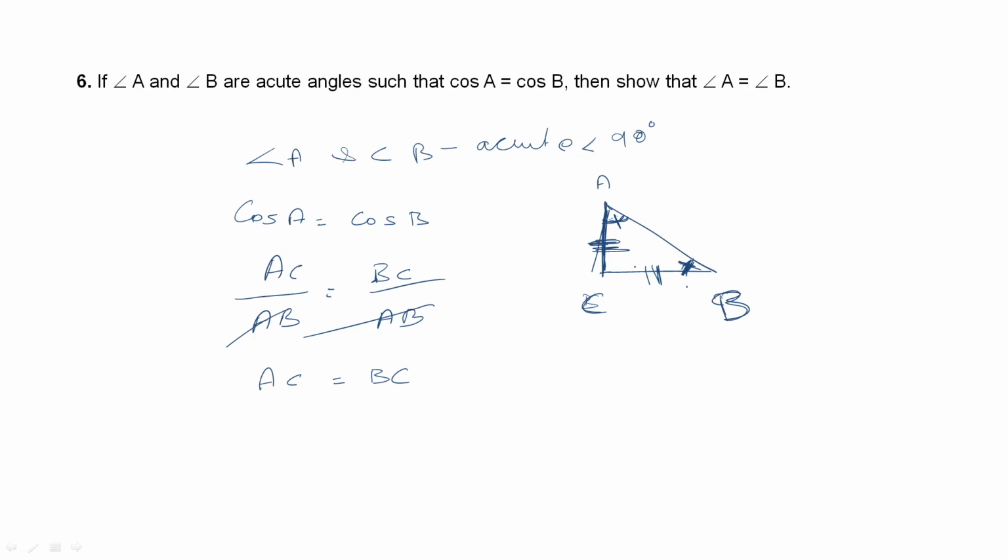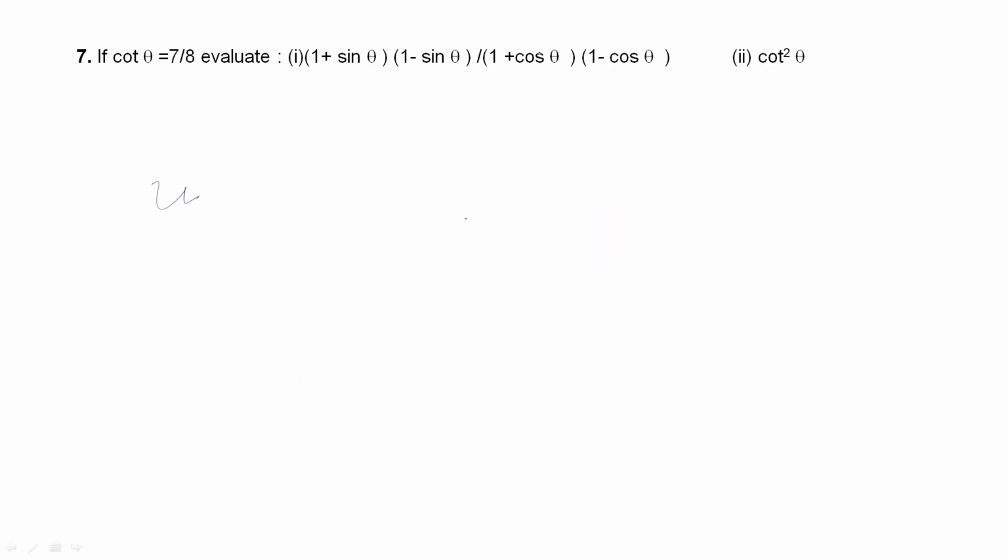The sides are equal. We have proved that sides are equal. If the sides are equal, then obviously the angle should be equal. Okay, if the angles are equal, then the sides should be equal. If the sides are equal, then the angle should be equal. So hence proved.